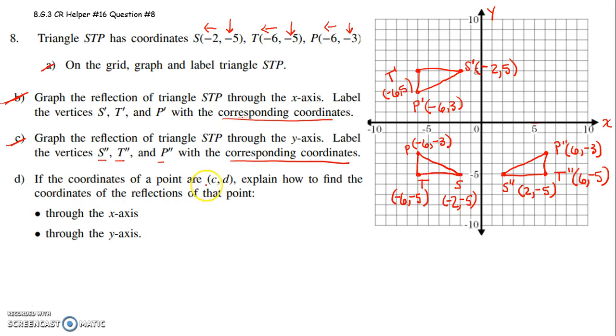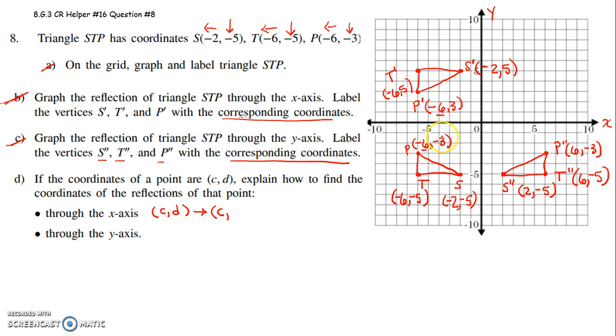If the coordinates of a point are (C, D), explain how to find the coordinates of the reflection of that point through the x-axis and then through the y-axis. Okay, so through the x-axis, if we start with (C, D), and we're reflecting over the x-axis, your first coordinate, your x coordinate, just remains the same.